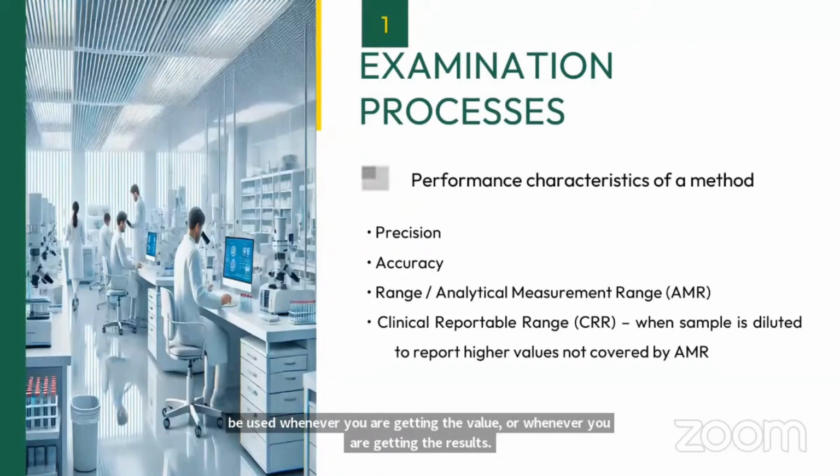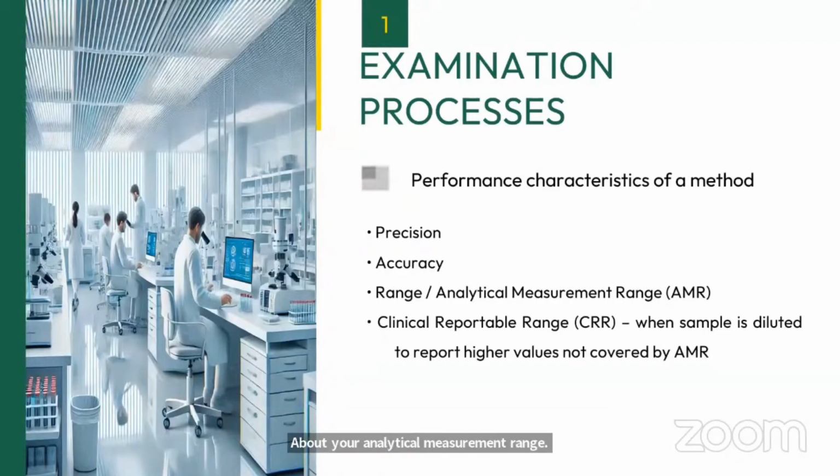This will be called the clinically reportable range. So here it is mentioned that when a sample is diluted, higher values not covered by the AMR can be reported. Your AMR may be at a low level, but after dilution even higher values can be reported by your laboratory.